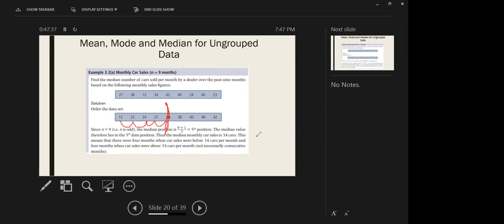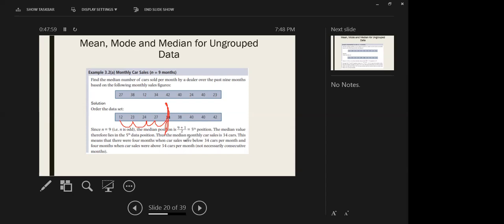So what does that mean? This means that there were 4 months when car sales were below 34 cars per month, and 4 months where car sales were above 34 cars per month. In this case, they are trying to interpret the information based on the value that they got, right?